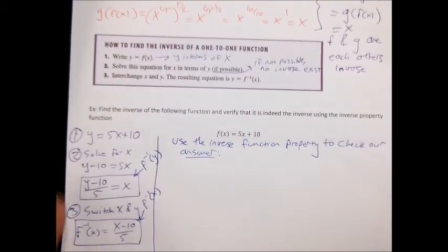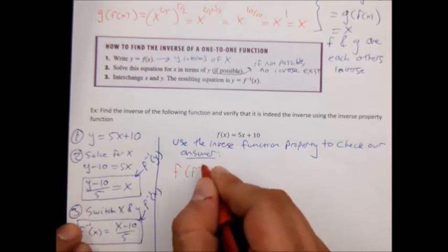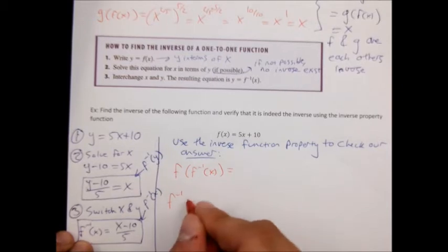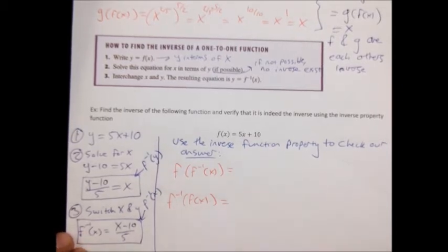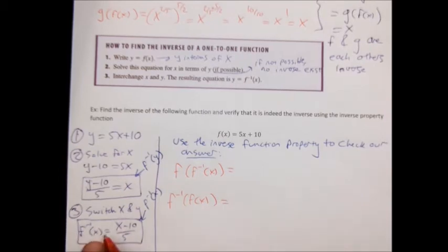I'm going to take my inverse and plug it into the function, and then do the opposite: take my function and plug it into the inverse. I'd like you to actually do that and see what you get. This is the inverse right here.